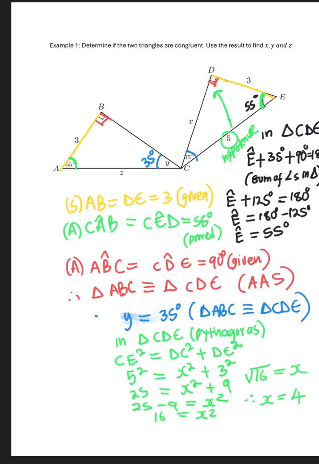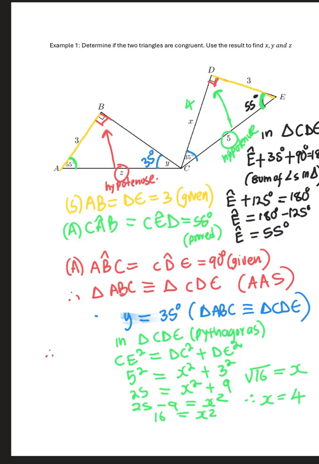It means here we have 4, and then because we have 4 there, now we can find the missing value, the value of z. So what is the value of z? We can see that the value z is the hypotenuse.